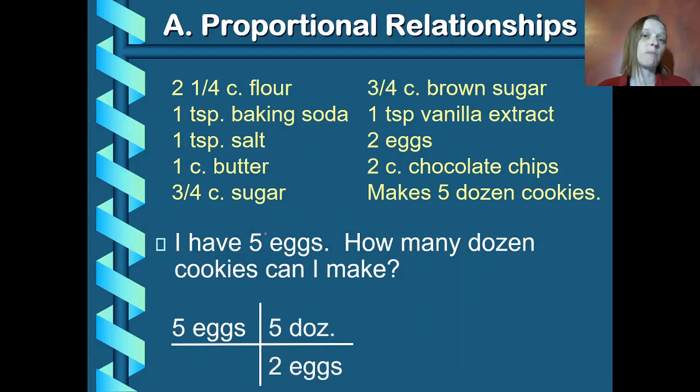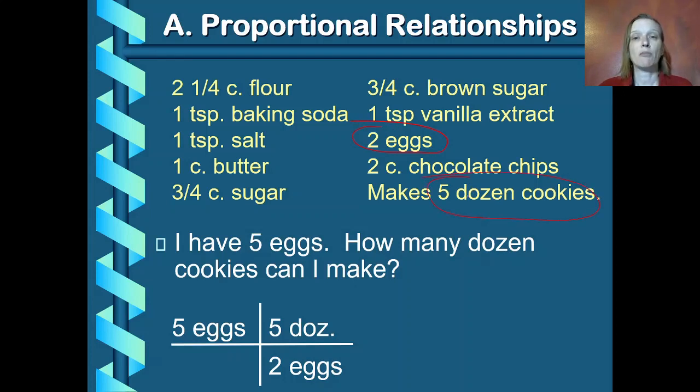But we can be more systematic about this because chemistry recipes aren't always as obvious as cooking recipes. So if we've got 5 eggs, I can use this recipe to create a ratio to help me make a conversion factor for doing the problem. I know that 2 eggs results in 5 dozen cookies.